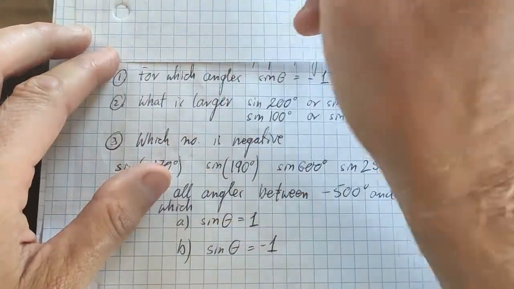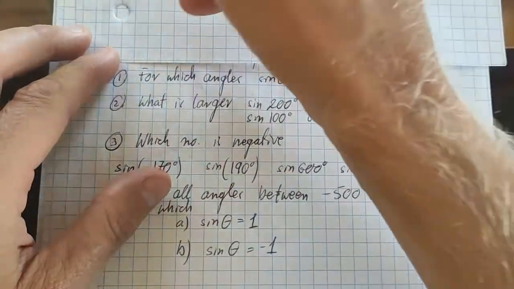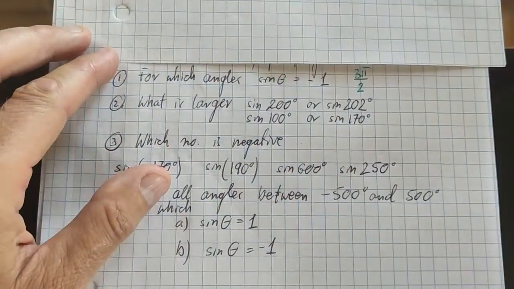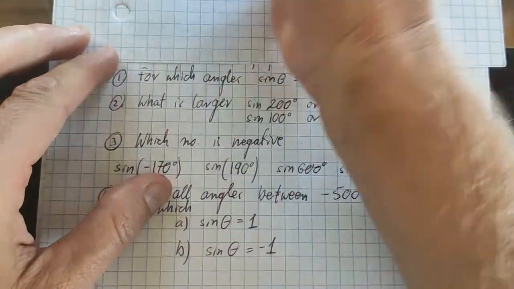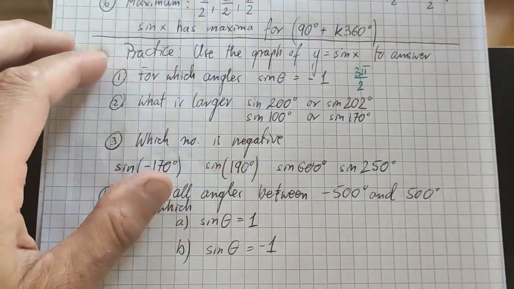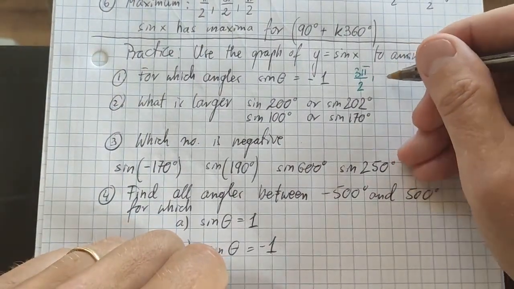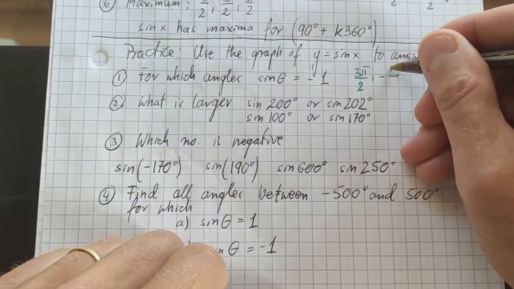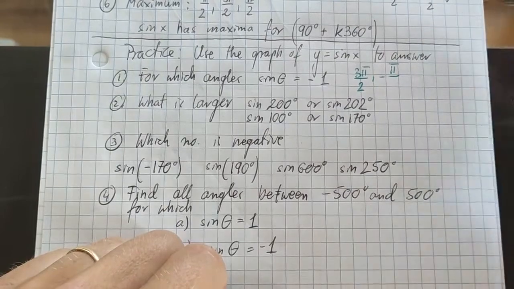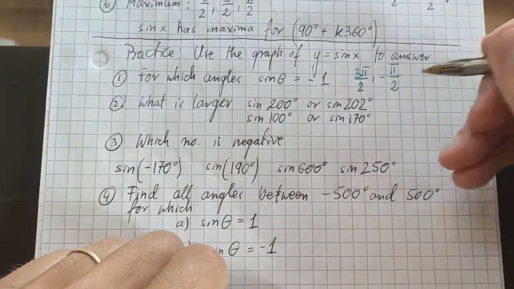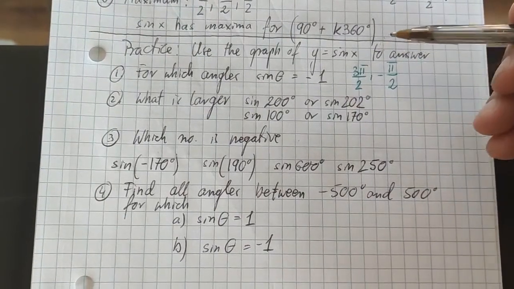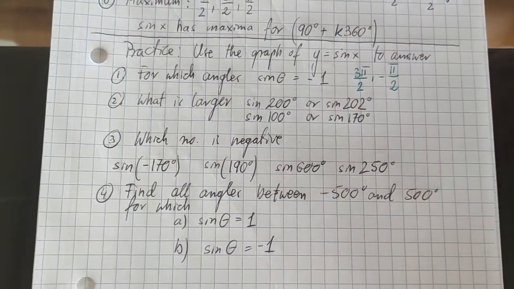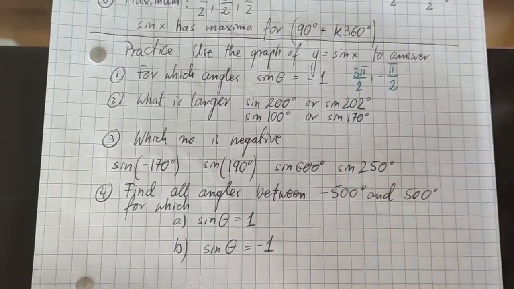If I keep going, that negative 1 will be here, for negative pi over 2. To find the next one, we would add 2 pi to this, or subtract 2 pi from this one. So we could keep going.